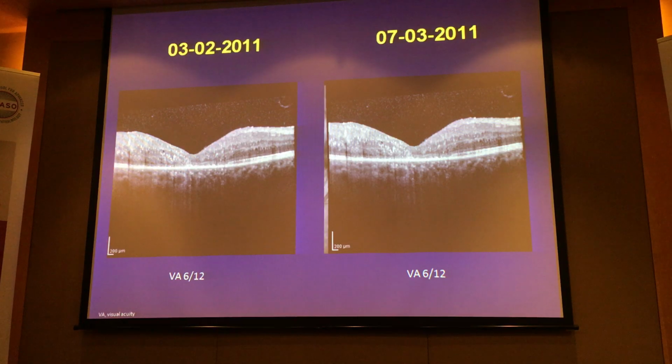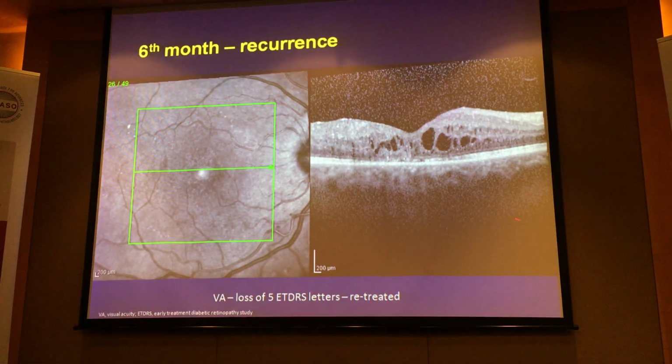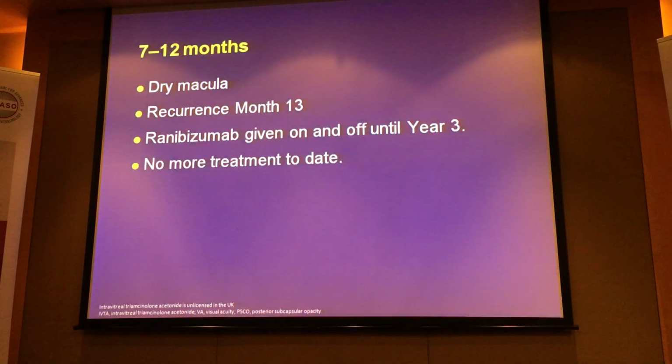March, dry. So early response. Vision improved. Very good. However, it starts to come back at 6 months, doesn't hold for anything beyond a year. 7 to 12 months, dry. Recurs at 13 months. So ranibizumab needs to be given on and on. You can't stop therapy anymore.